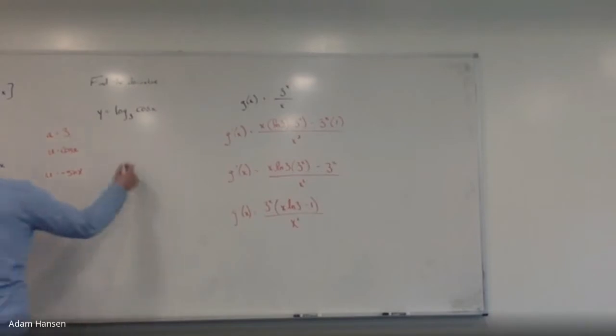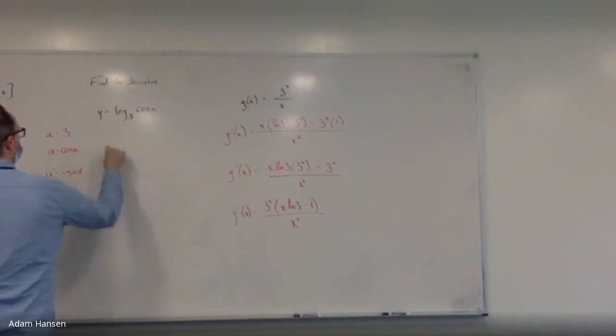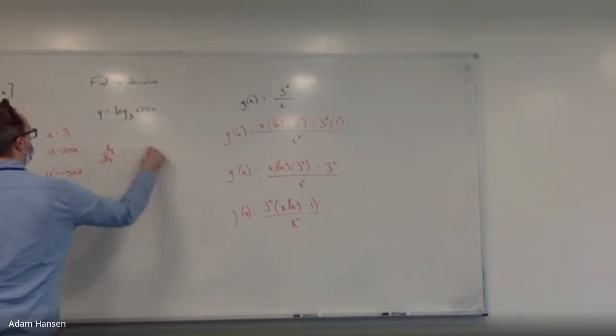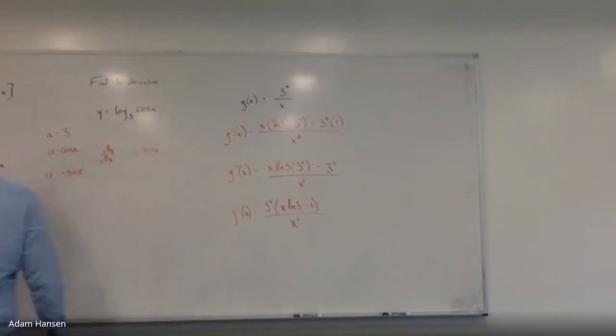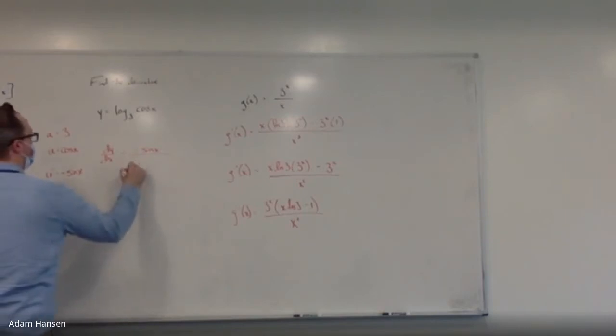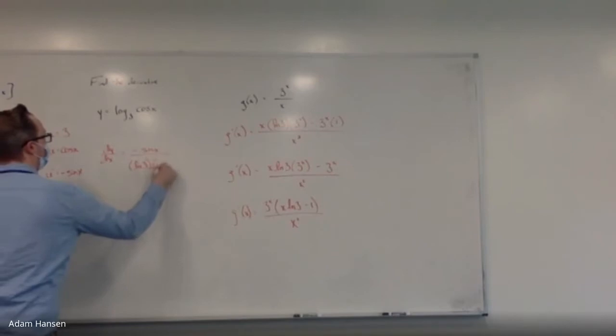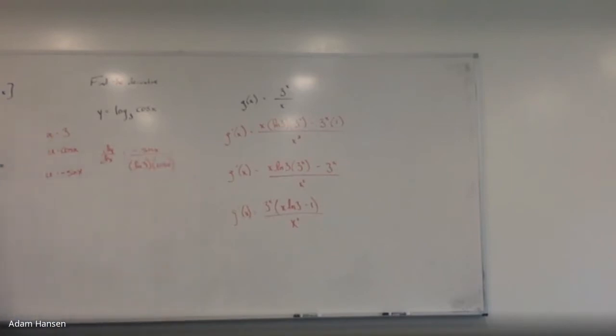U prime is negative sin x over ln of a times u. So the natural log of 3 times cosine x.